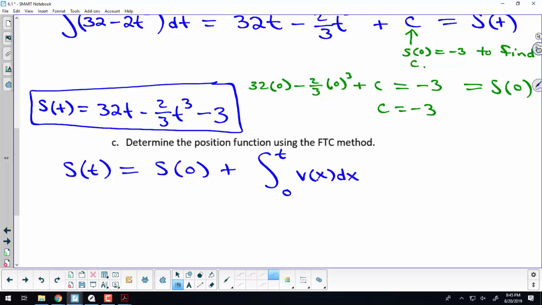But the things that match up here are this t, whatever that is, that t right there is this upper value here. And this s of 0 thing matches up with the lower limit of integration. So it doesn't always have to be 0 and t. We just want to make sure that those things are the same.